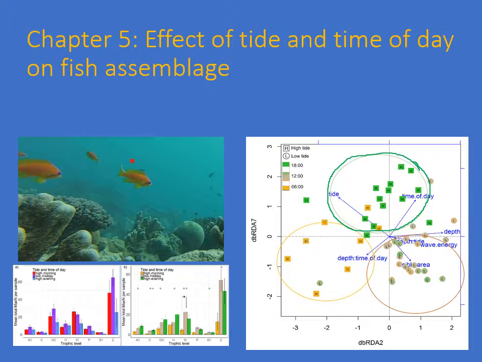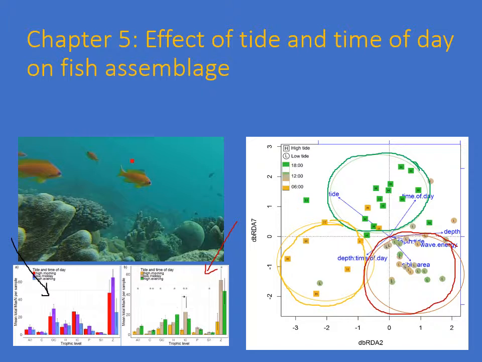during the high tide in the evenings were more similar to each other than they were to the fish assemblages during any other time of the day. And you can see this on the graph by how they are grouping together. And how they group together is determined by what the species were and how many of them there were. The other interesting thing that was shown in this result is the significant differences were primarily detected when we used unbaited samples and not when we were using baited samples.